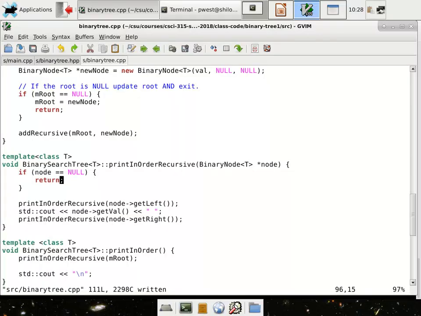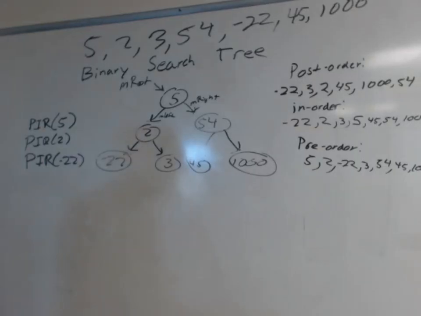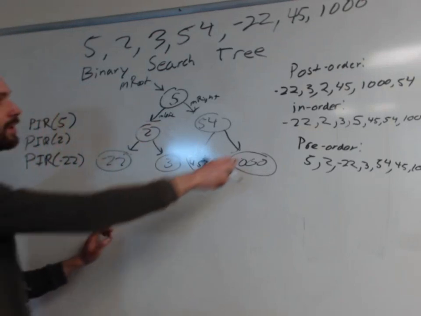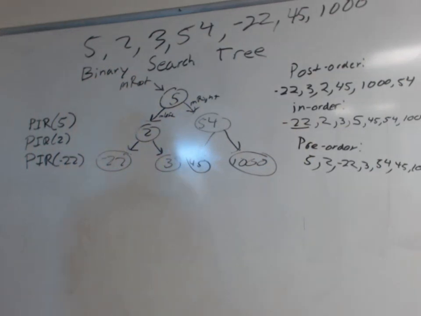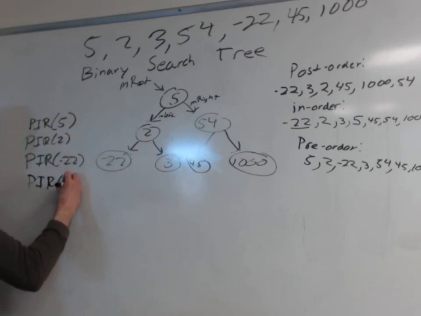Now with the negative 22, we have just finished this call. We're going to print. We're going to do what? Print it. So I'm going to go ahead and, right here, negative 22, boom. Now what do we do? We go to the right, passing in null.